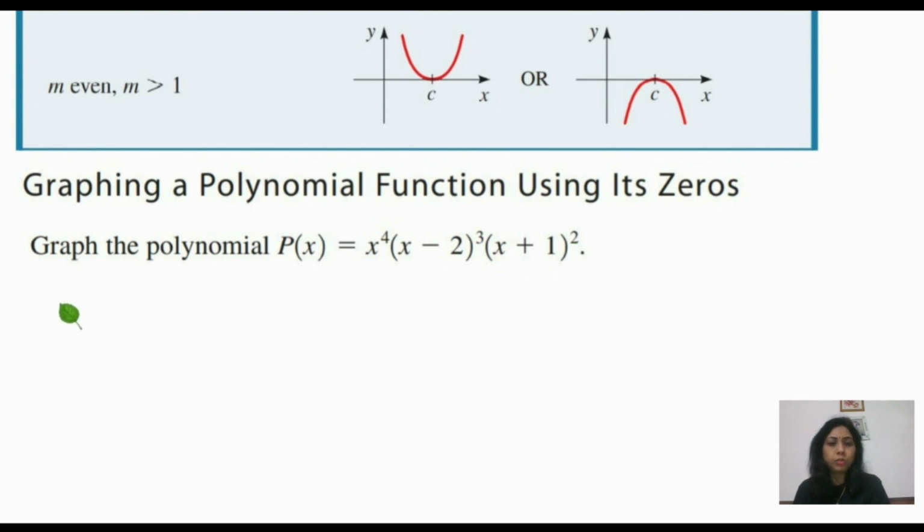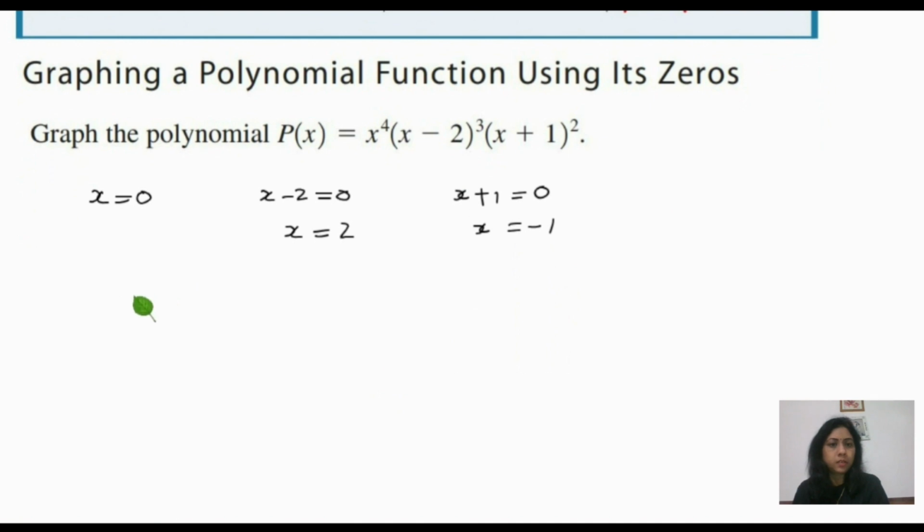So first we have to find zeros. x to the power 4, it means x is equal to 0. (x minus 2) to the power 3, so x minus 2 equals 0, and (x plus 1) is squared, so x plus 1 is 0. So here x is equal to 2, x is equal to minus 1. So the zeros are 0, 2, minus 1.